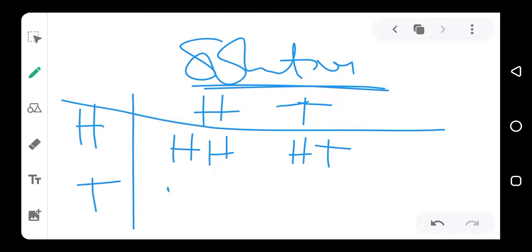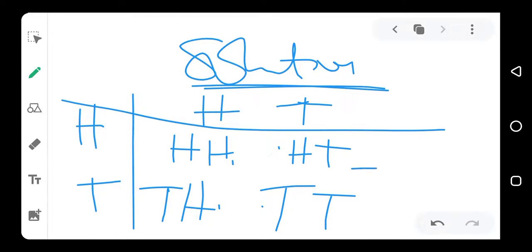Second one and first one here, tail and head. Second one and second one, tail and tail. So these are the possible outcomes. That means the number of events in the sample space is 4: 1, 2, 3, 4, like we've seen before. Now the question is, what is the probability of getting at least one head?